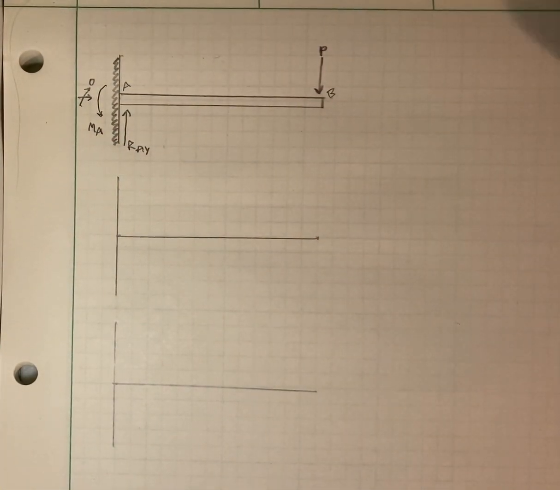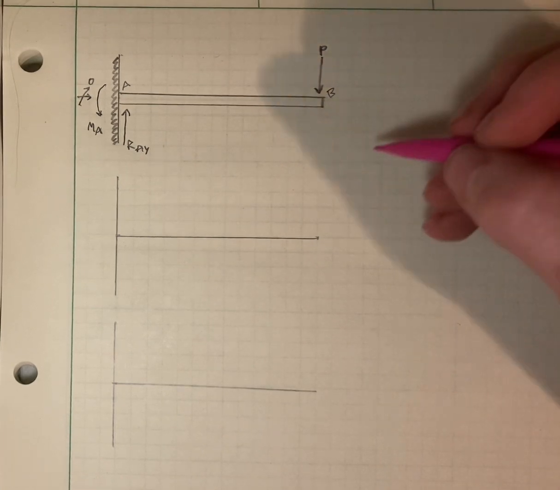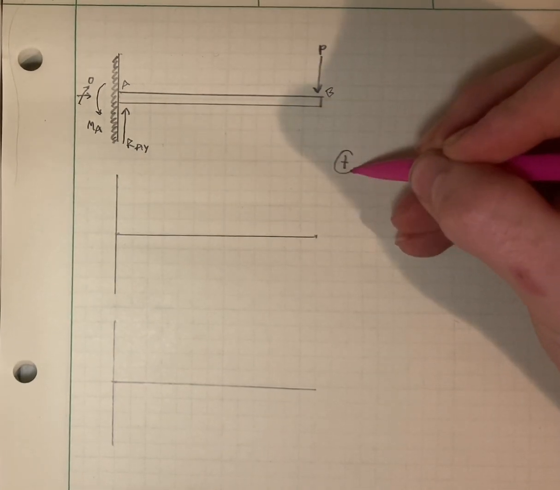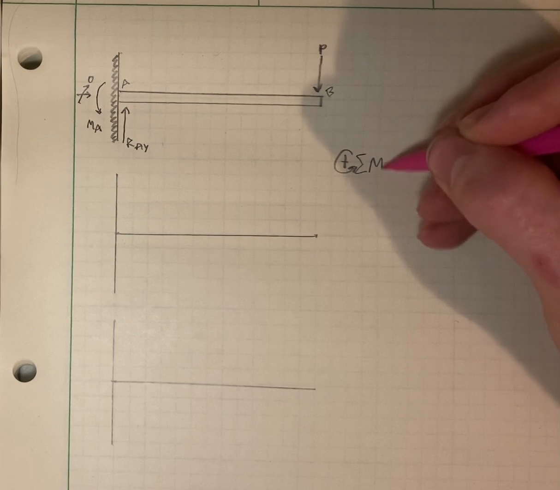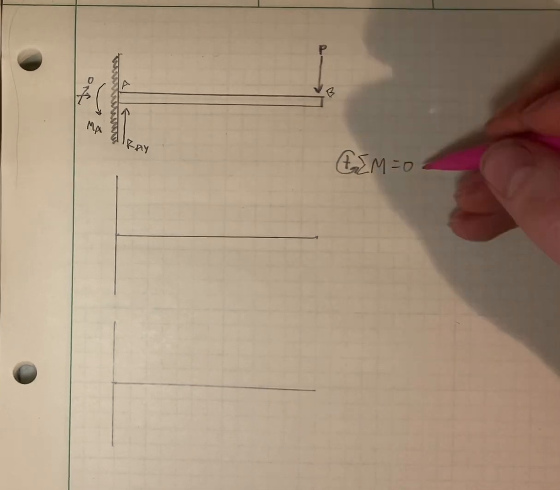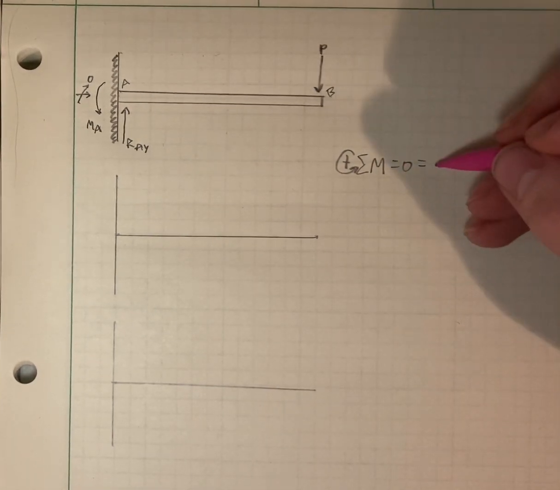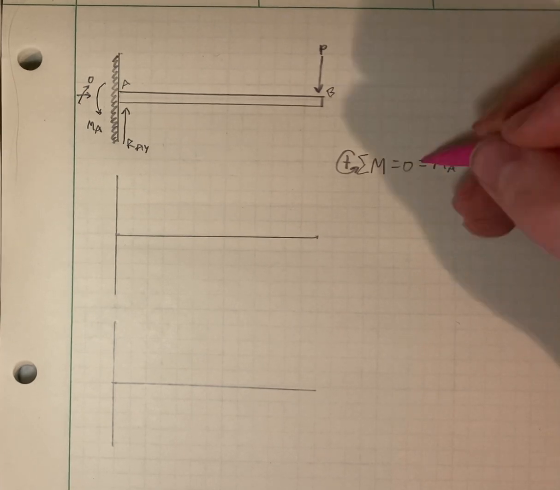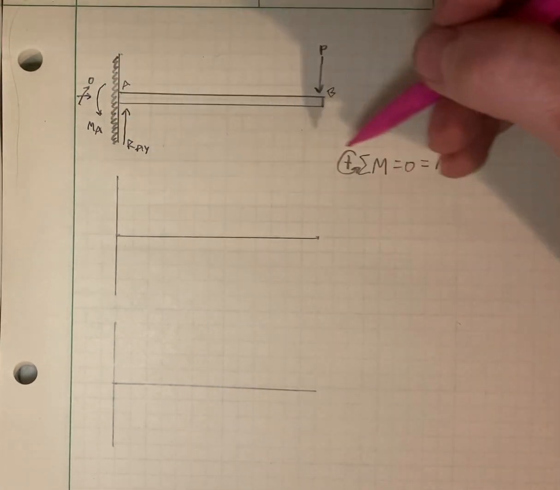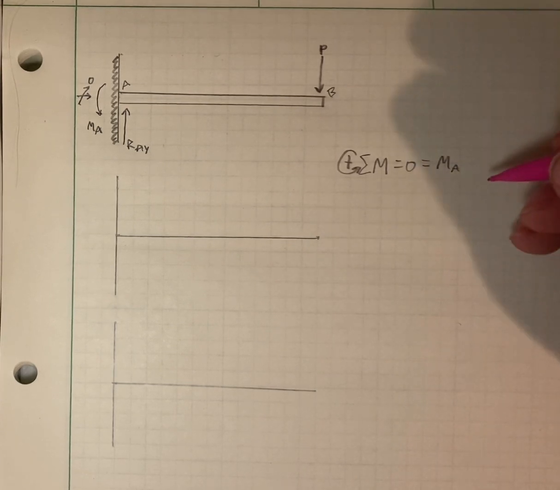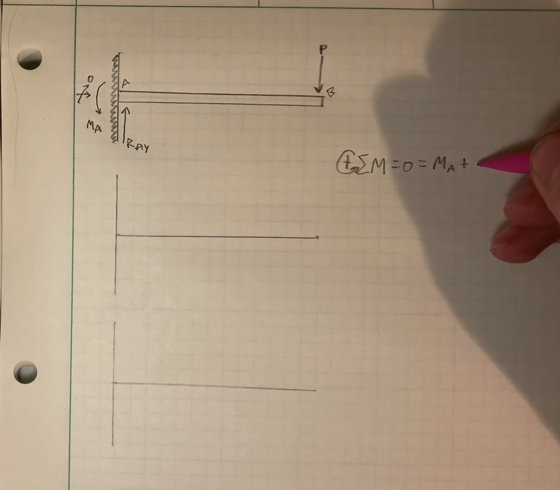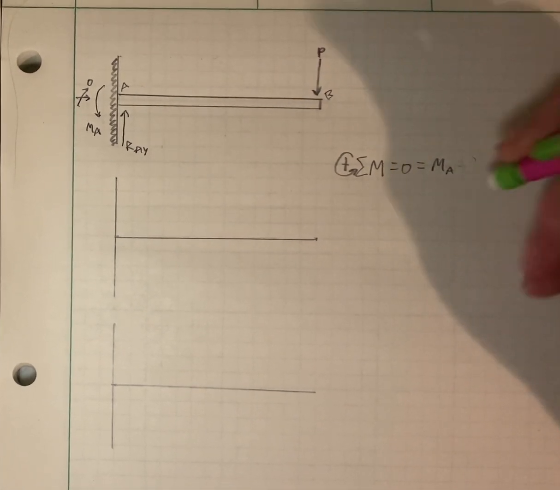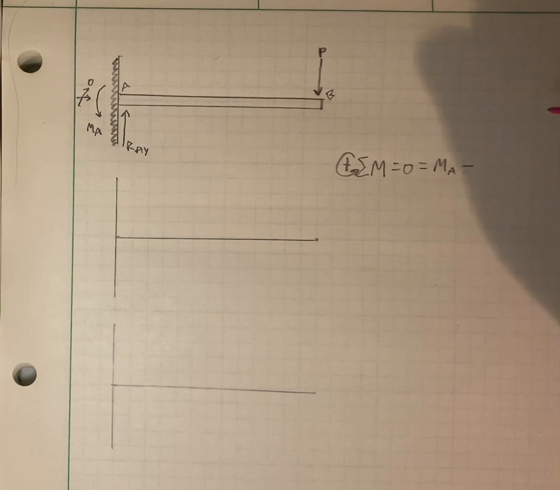Sweet, so again, I start my problems by summing the moments. So I'm going to set a positive sign convention to be counterclockwise, and sum the moments, they equal 0, right? And that equals moment at A, and it's positive, right? Because it goes in the same direction as my convention there. And then the moment that P creates, which would be, or sorry, not plus, minus, right?